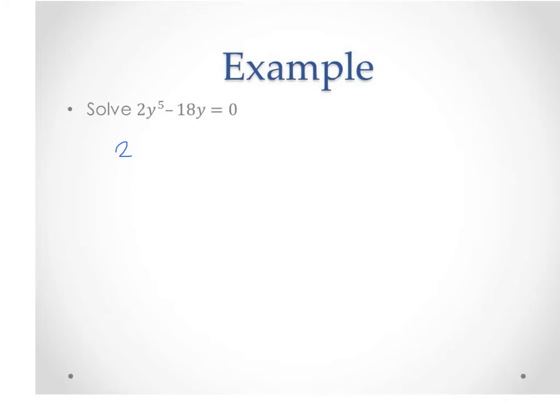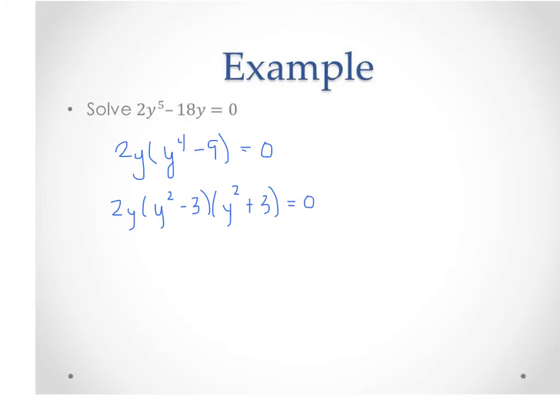So if we pull out a 2y, we are left with y to the 4th minus 9. Okay, well, what is y to the 4th minus 9? It's a difference of squares. So we have 2y times y squared minus 3 times y squared plus 3 equals 0. Alright, so that's as factored as we get it.